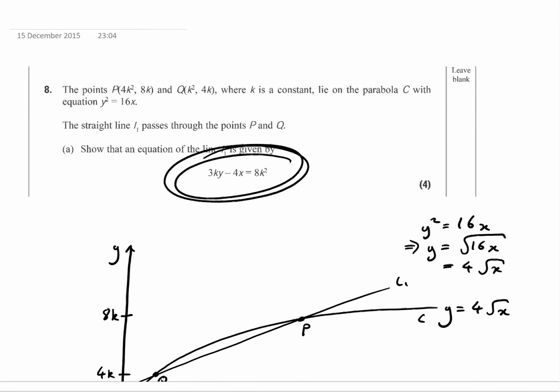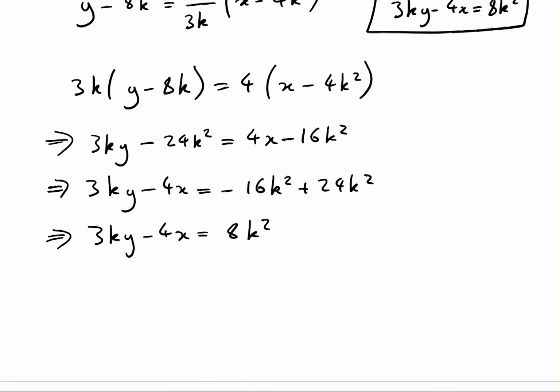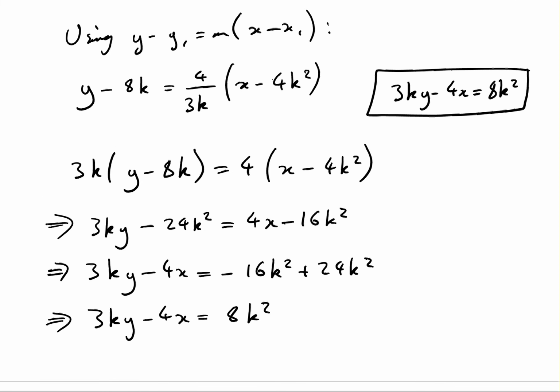How many marks is the question out of? 4. The mark scheme's confusing me. Yeah, you get 1 mark for using the correct equation, and then you get an extra mark for getting it in this form of the actual answer. Sorry, that was confusing me because it's saying you get 1 mark. That's fine. So you get 1 mark for using the equation correctly and getting it in some form.